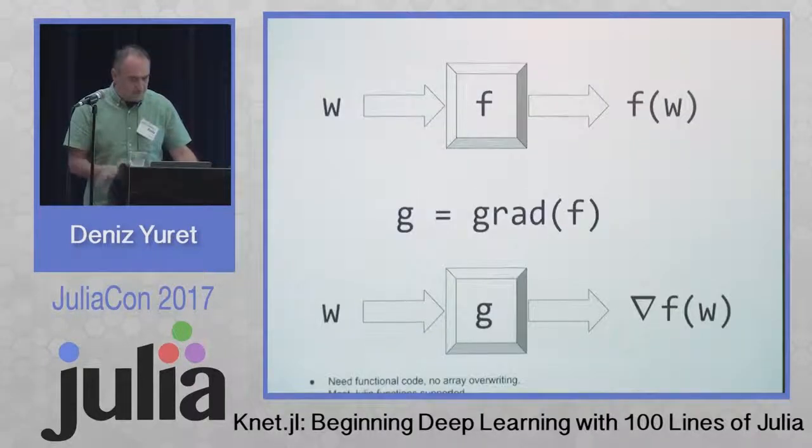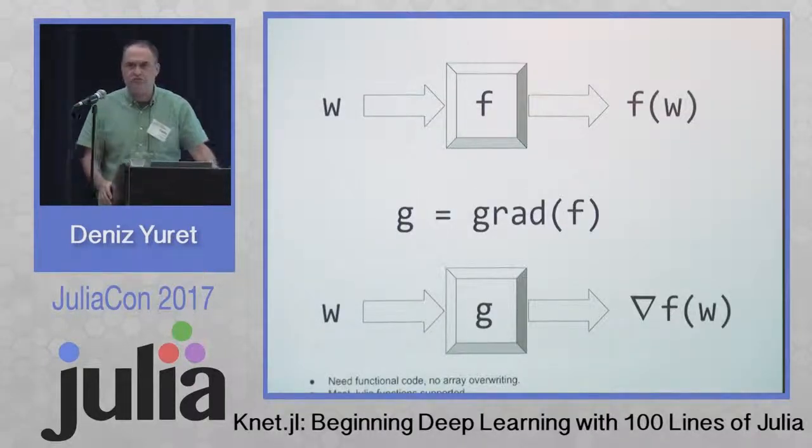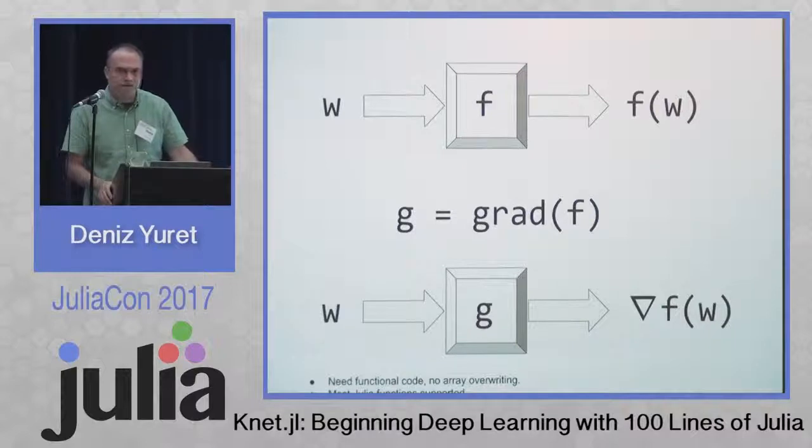Now back to this grad function. What does the grad function do? Here is a bigger picture, so it actually makes sense. Normally, if you have a function f, we can think of this as taking some parameters w, some inputs w, and producing a value f(w).